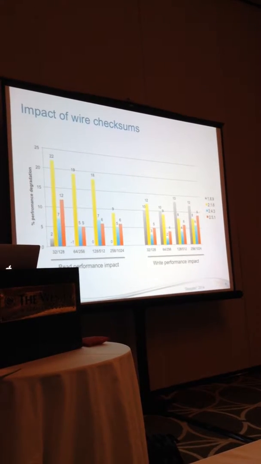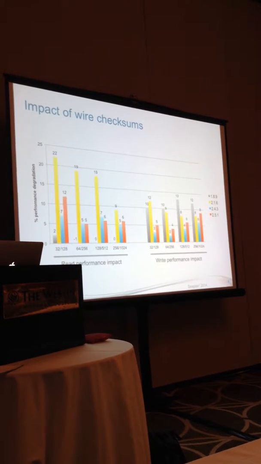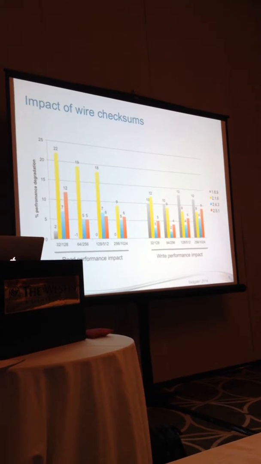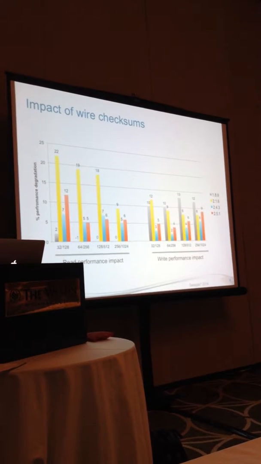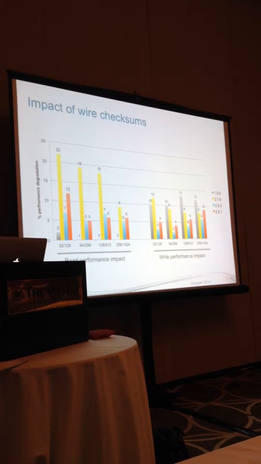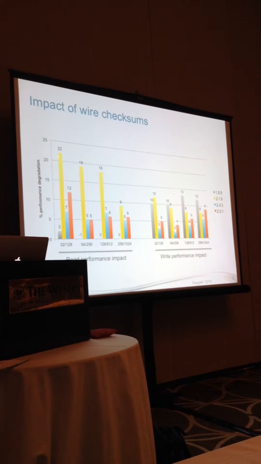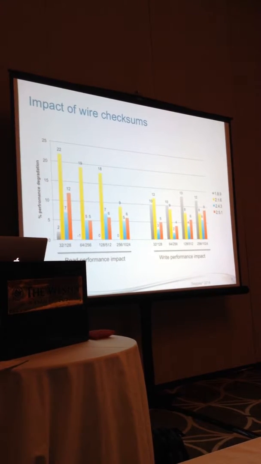So on writes, it does have a noticeable impact. Now you look at some of the other clients, 2.1.6, we included the 2.1.6 client, even though everyone knows it's the worst client ever built for Lustre. But we still wanted to include it. And you can see that the impacts on writes are just beyond acceptable.